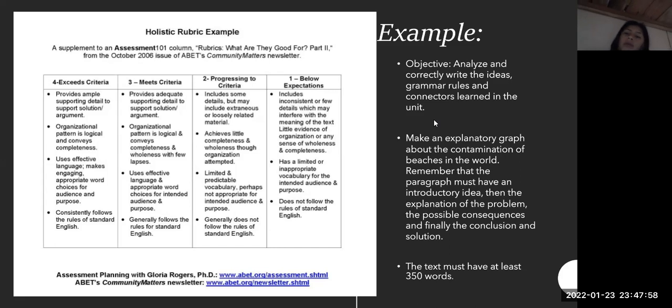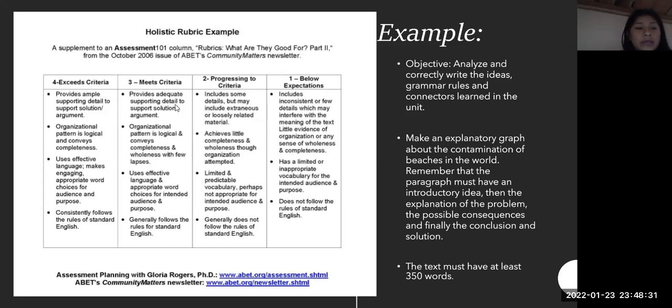Remember that the paragraph must have an introductory idea, then explain the problem, the possible consequences, and finally the conclusion and solution about this problem. Remember, the text must have at least 350 words.